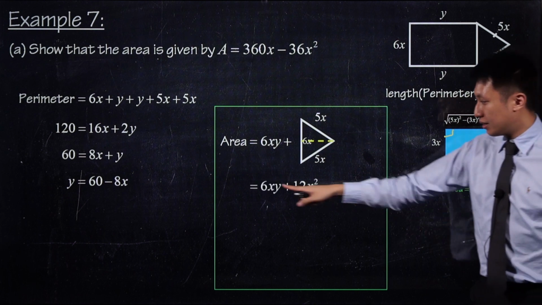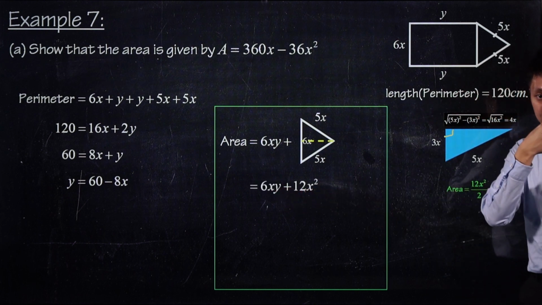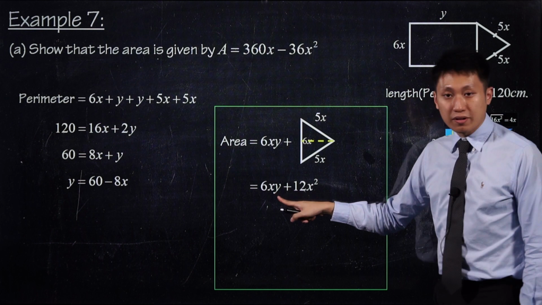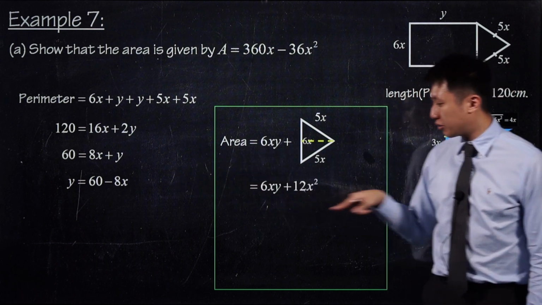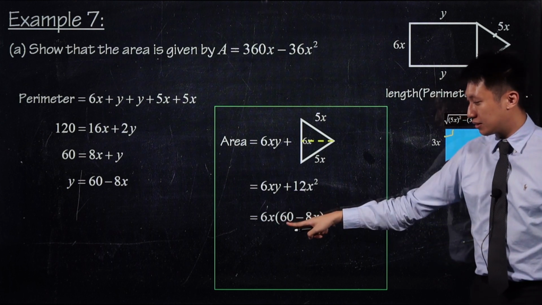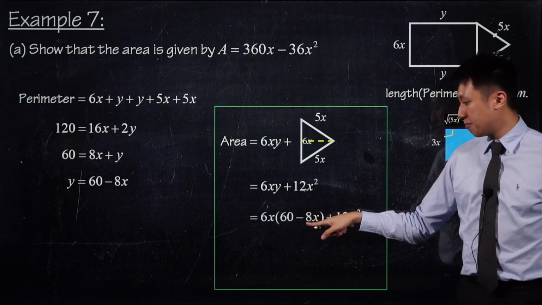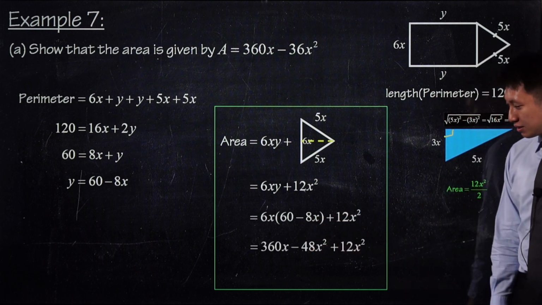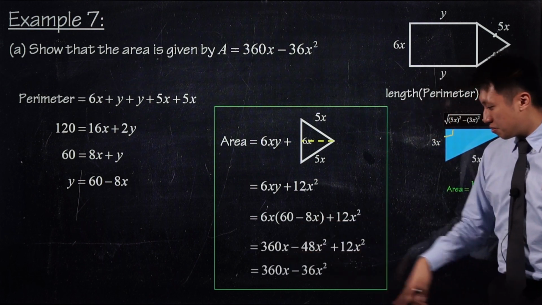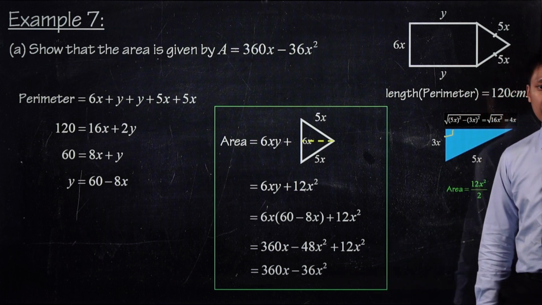So here 6xy plus 12x squared. Then you have an outlier here, an alien here, y. So you sub that y into here, you get 6x times 60 minus 8x plus 12x squared. So it's 360x minus 36x squared, right?